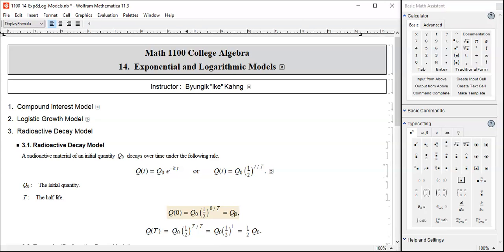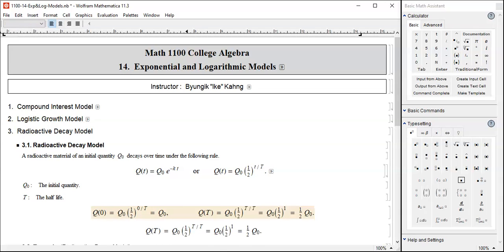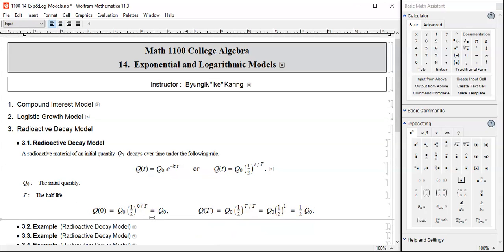So initially we begin from Q0 when we started the observation.